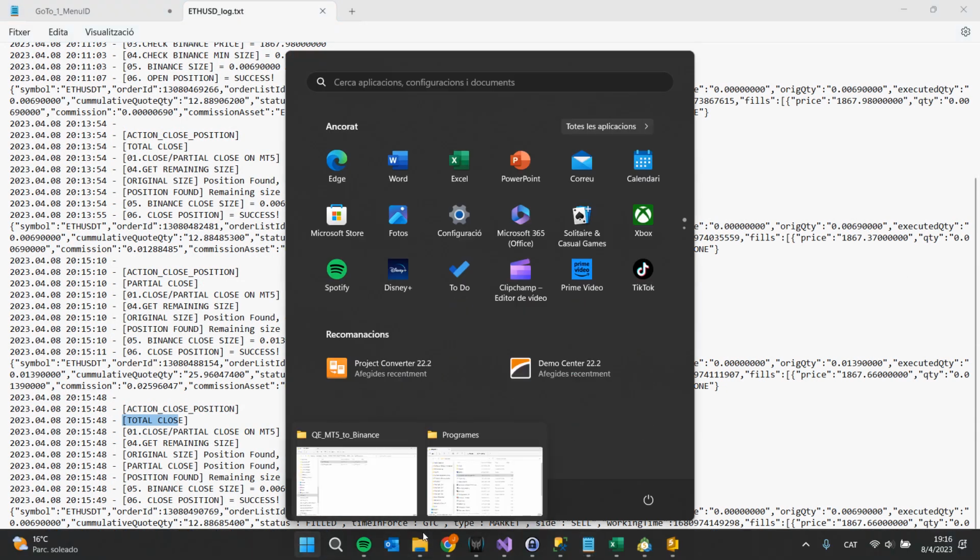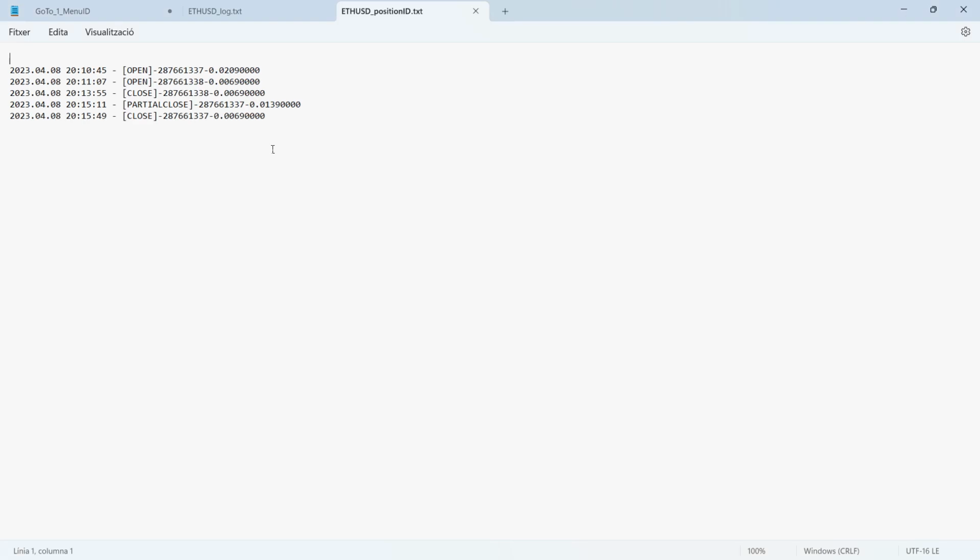If we look at the file, that is the summary, and that file is needed. The expert advisor uses it to check whether a trade belongs to its list of trades to manage or not.